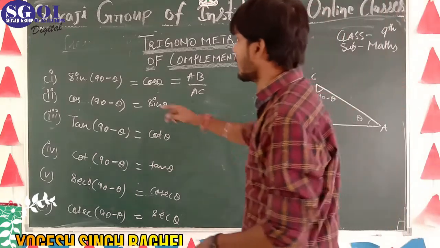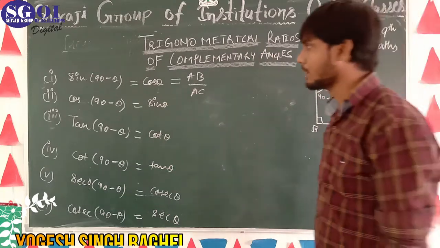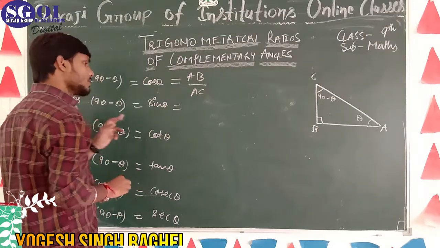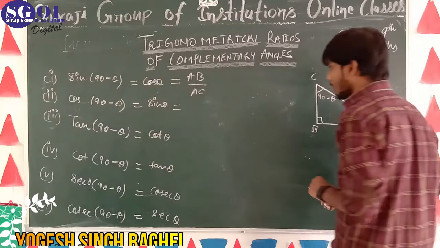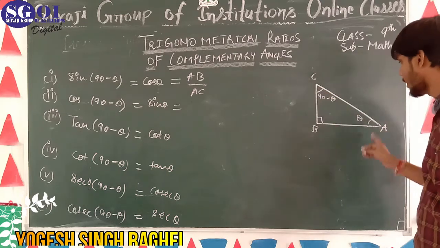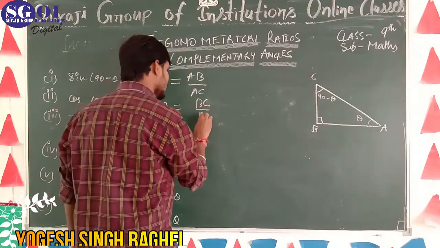Clear? Similarly, cos 90 minus theta is equal to sin theta. Sin theta means perpendicular upon hypotenuse. So perpendicular is BC and hypotenuse is AC, BC upon AC.